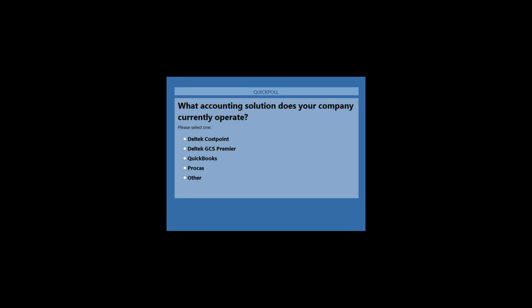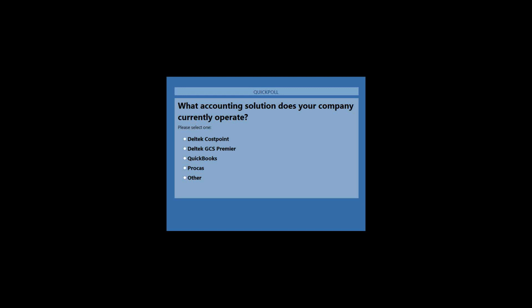Absolutely, Paul. I just threw up a quick poll here for everyone on the webinar. Just real quick, what kind of accounting solution is your company currently using? Deltek CostPoint, I don't know if there are any GCS Premier customers out there. Well, they're popping up. Of course, we know that's no longer supported, so we do have a lot of folks converting over from that.